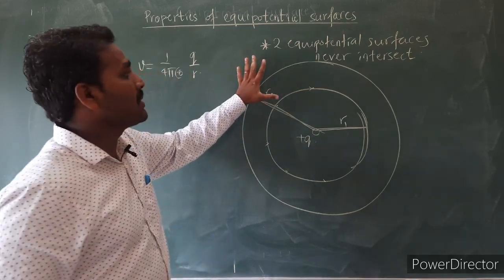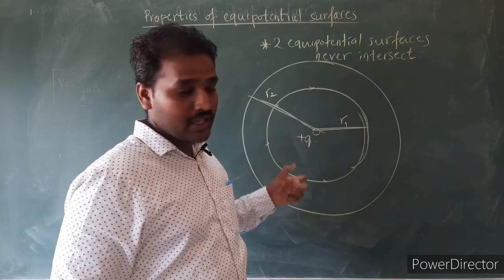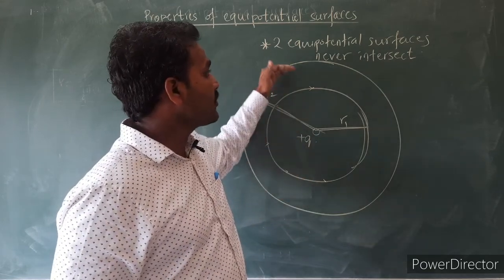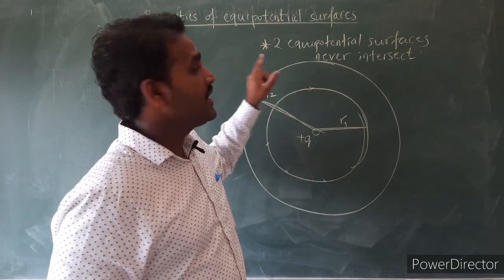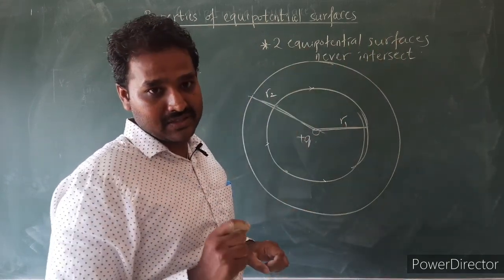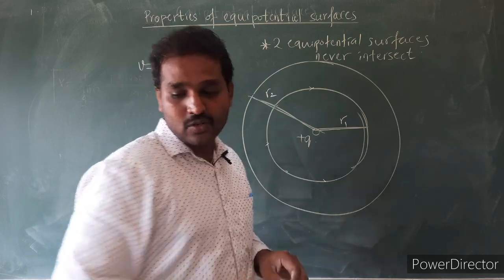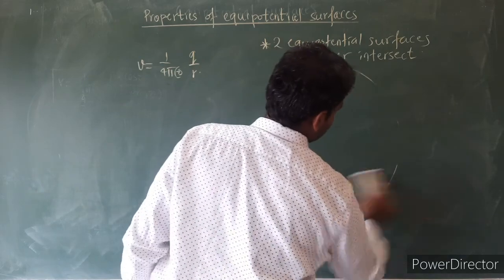So this is by the basic understanding of the definition of electrostatic potential. We can state that two equipotential surfaces never intersect each other because every point on that surface must be at the same distance. Hence, two equipotential surfaces will never intersect each other.